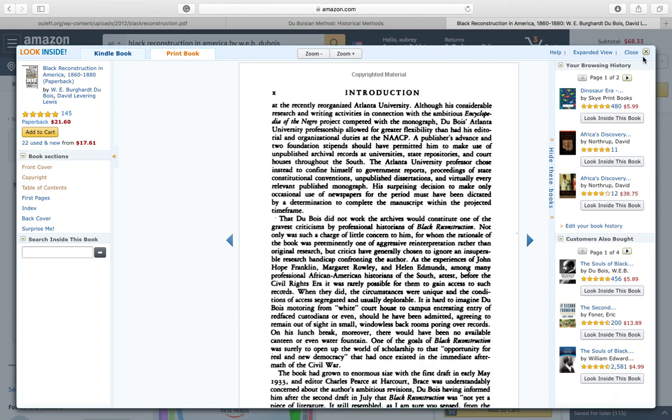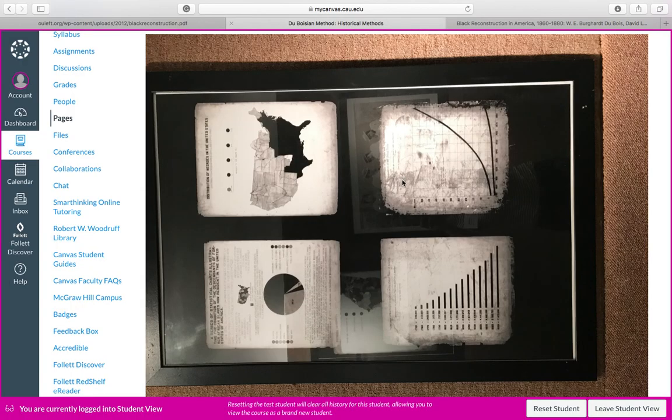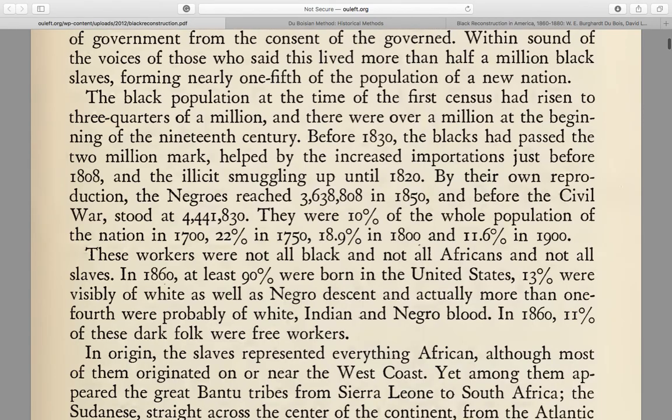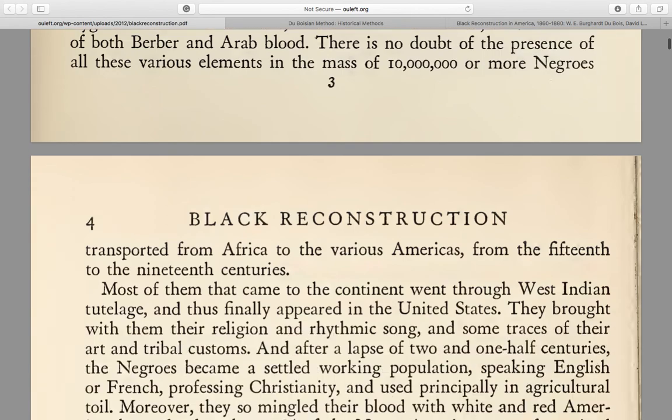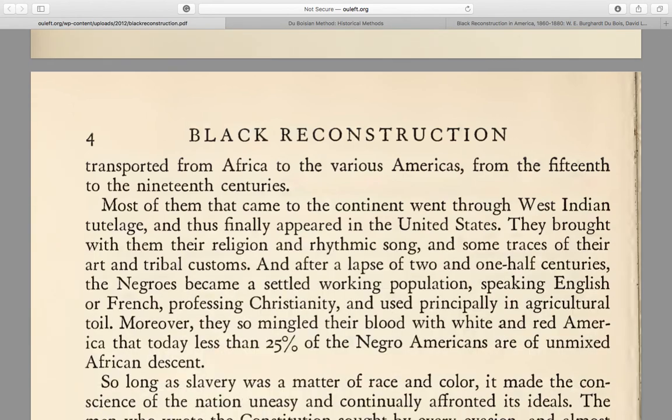So I hope that is helpful to us as you begin to read the text itself. Like I said, Du Bois can at times be a bit difficult to digest.